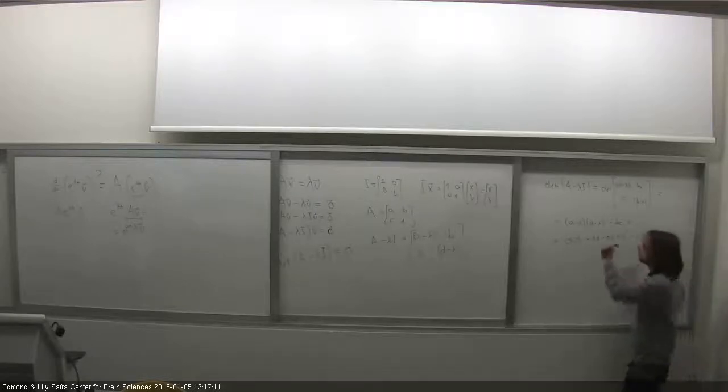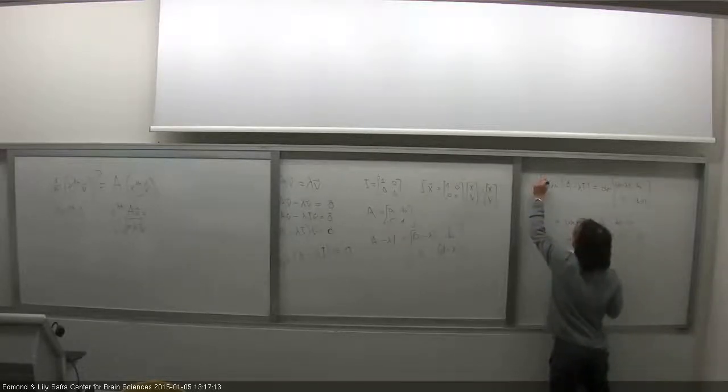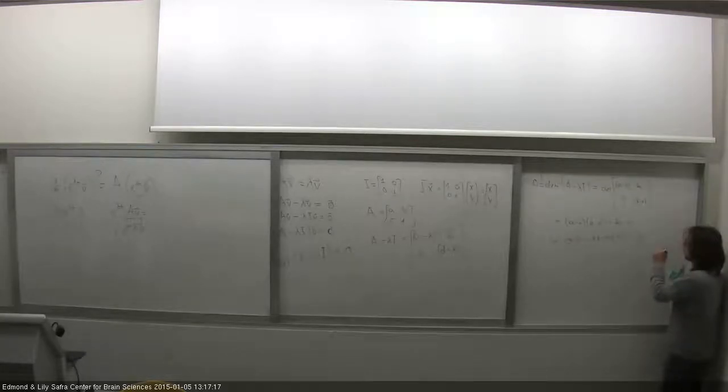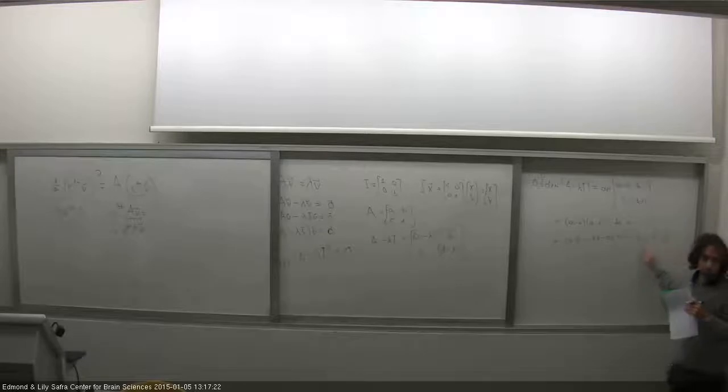Remember, our condition will be that this is all 0. So when I demand that this is 0, I get a quadratic equation in lambda. And I want to find the lambdas that fulfill this. Remember, I'm finding the eigenvalues of the matrix A.